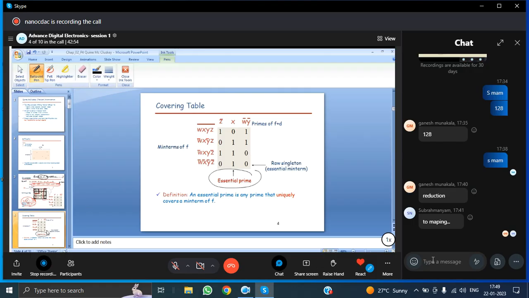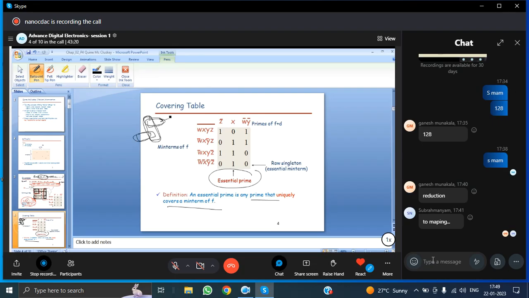Okay, what is an essential prime term? An essential prime is any prime that uniquely covers a min term of f. Let us suppose this is one prime implicant, this is one prime implicant, and this is one prime implicant.